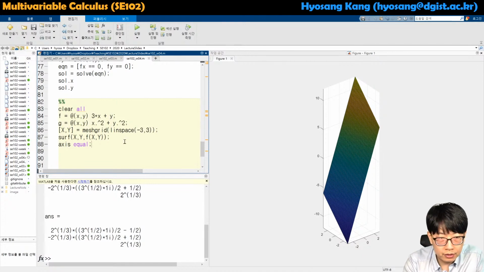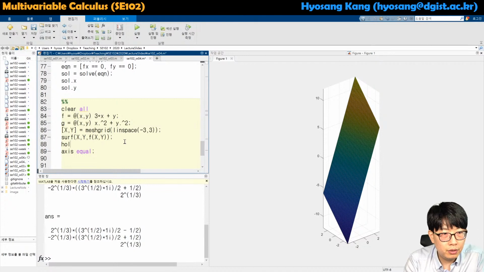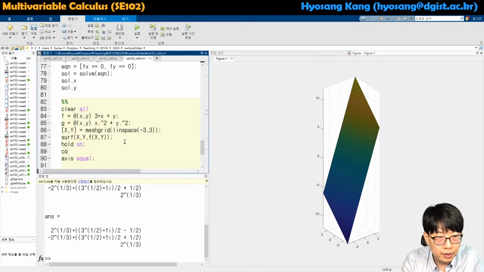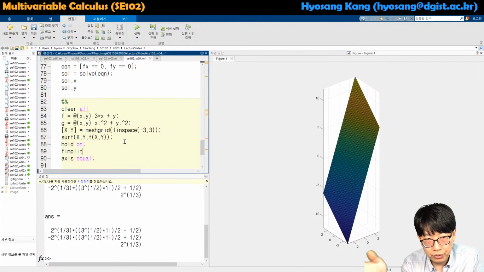However, let's draw the constraints here. I want to draw the graph of g equals some value c, in this case 10.